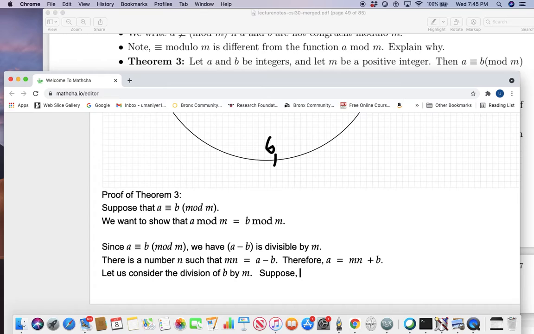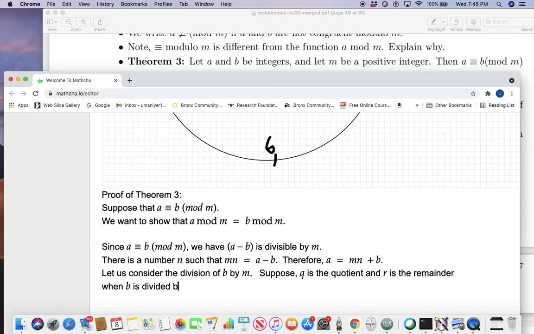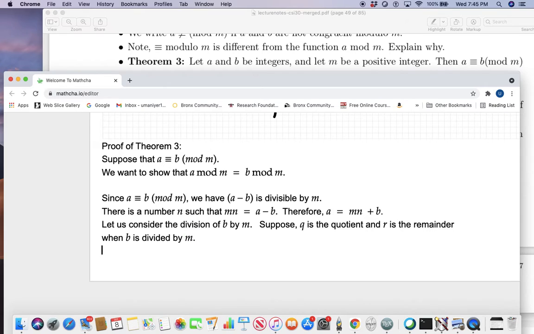Suppose q is the quotient and r is the remainder when b is divided by m. What does that mean? That means b equals qm plus r.